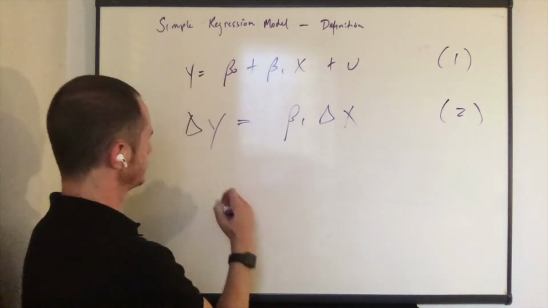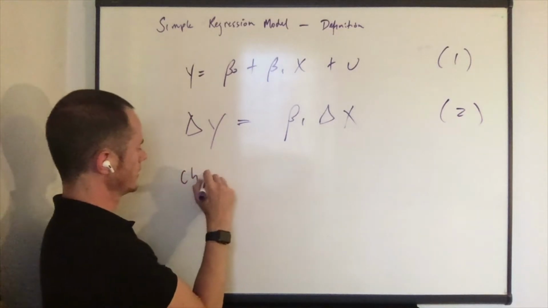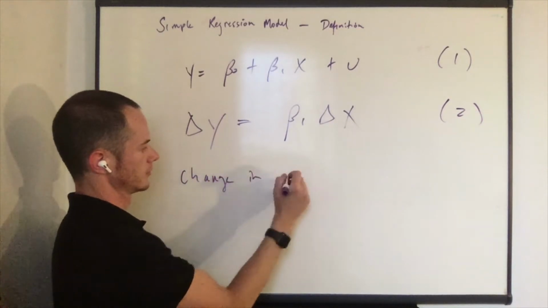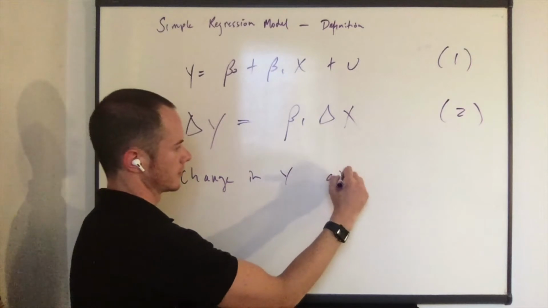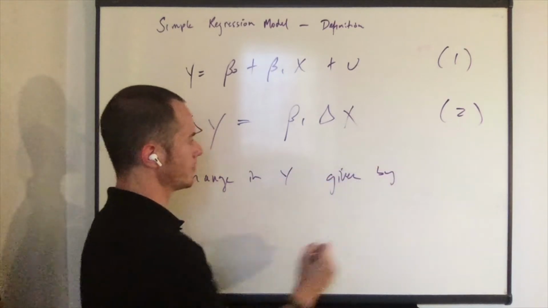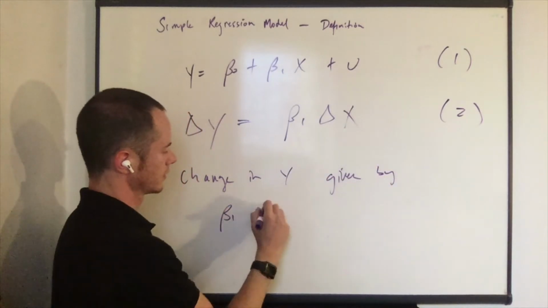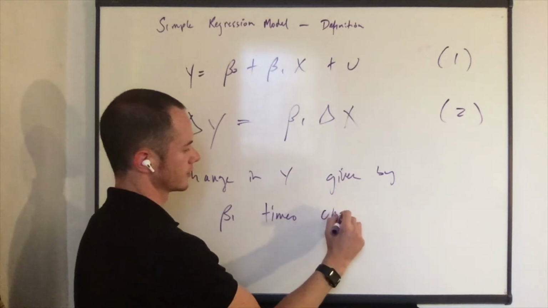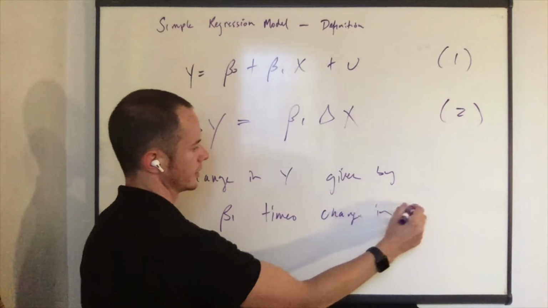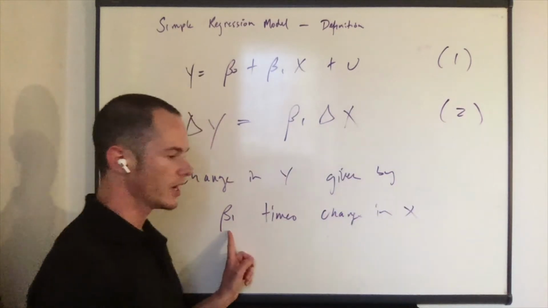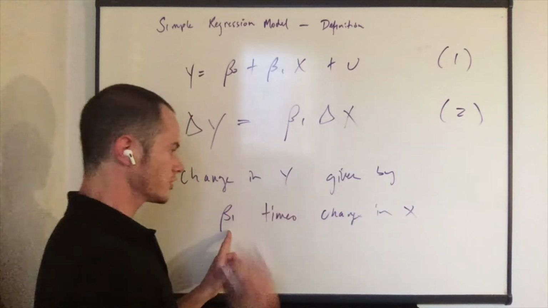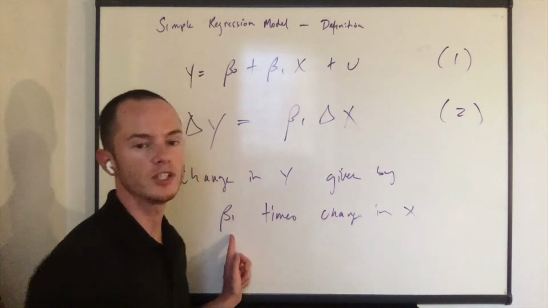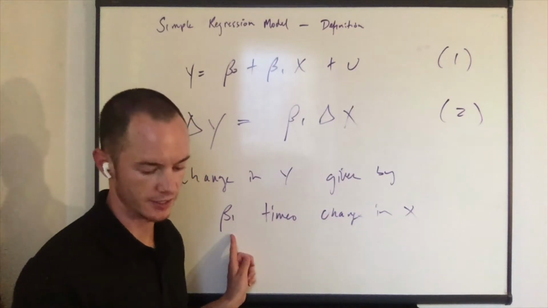That the change in y is given by beta 1 times the change in x. Beta 1 represents the change in y for a 1 unit change in x.